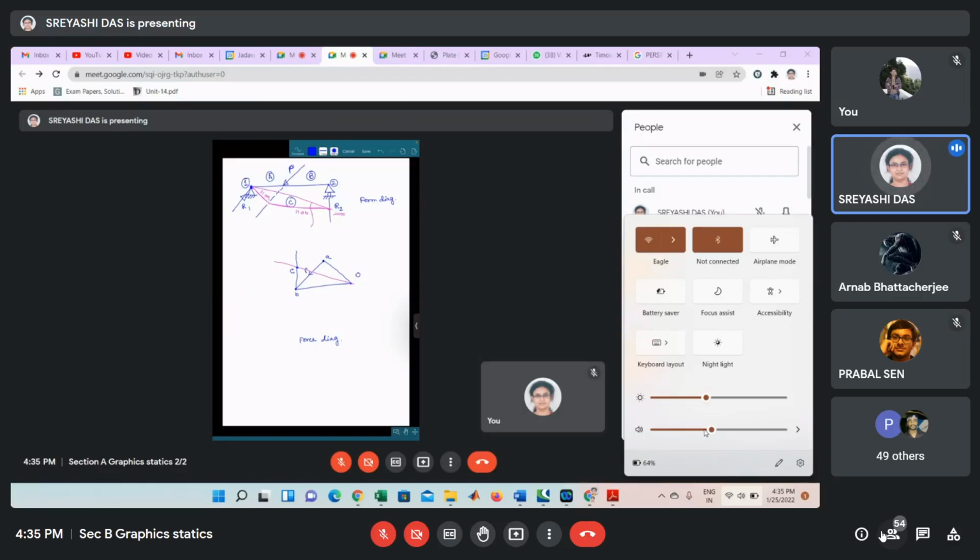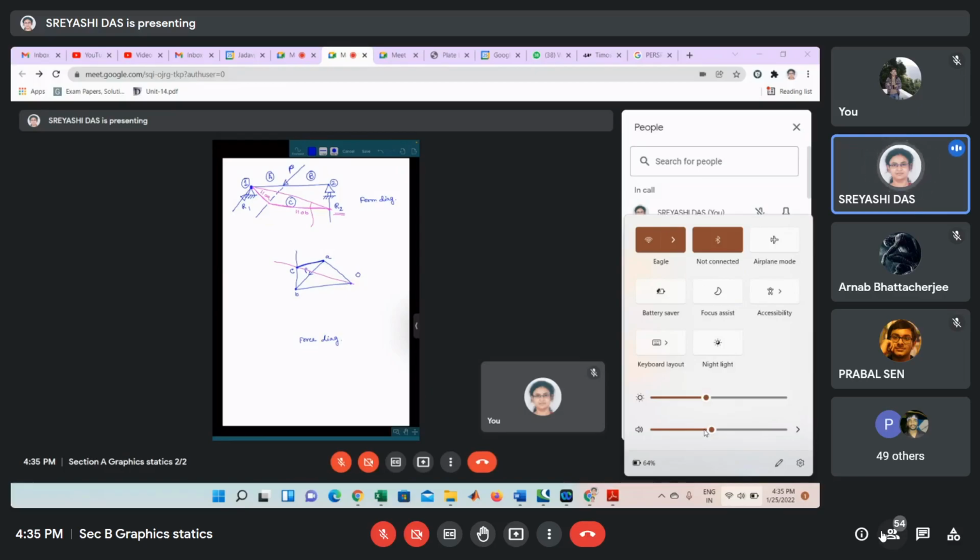So this point will be our C, and if we now join CA, this will give us the reaction in terms of magnitude and direction at 1, because CA denotes the reaction R1. So if you measure this length, it will give you the value, or you can find out the horizontal and vertical component also.